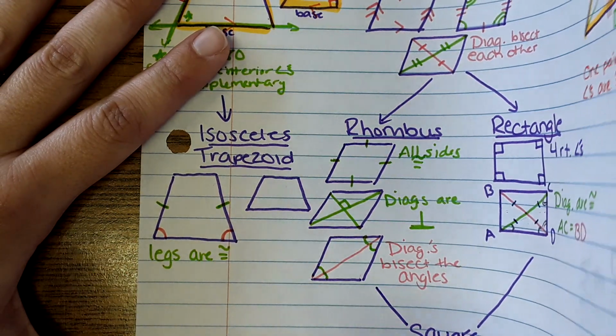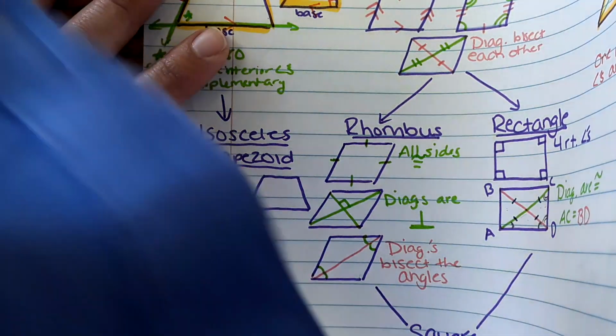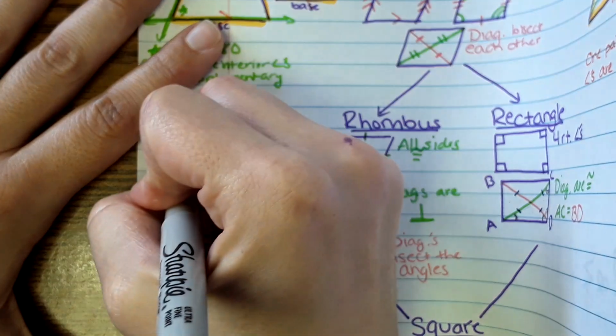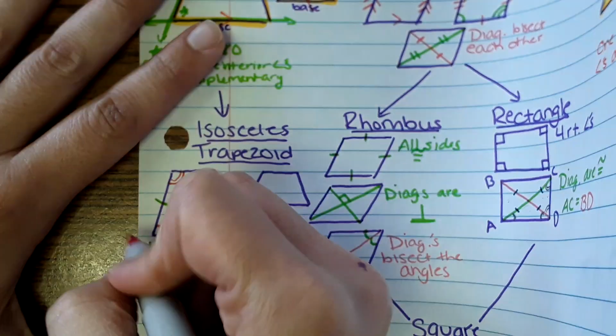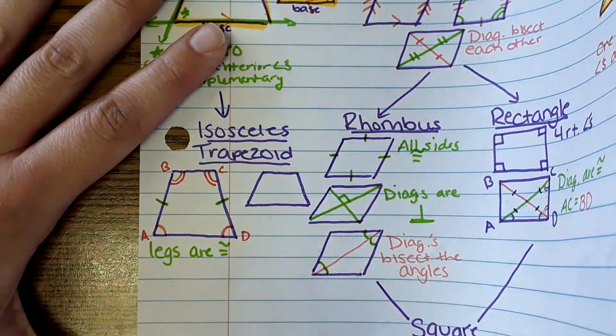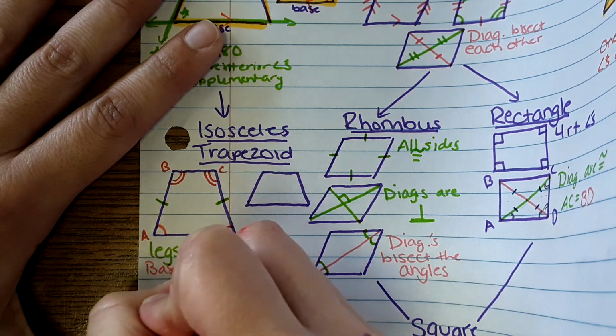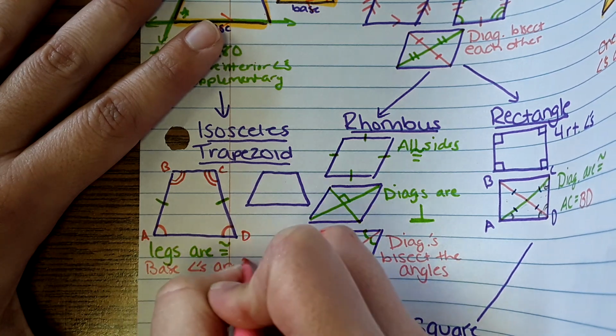Okay, so these are equal, and then this is equal to this. And if this was labeled A, B, C, and D, then we could say that base angles are congruent.